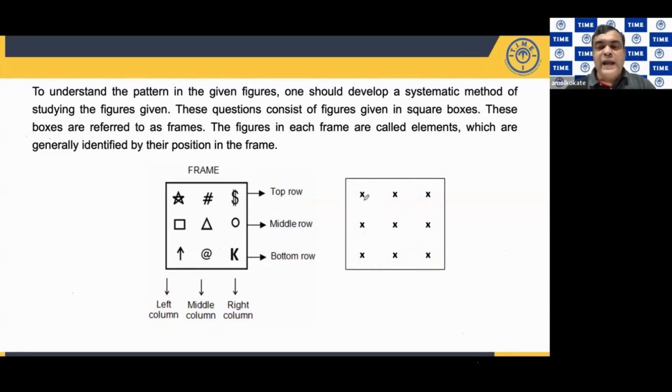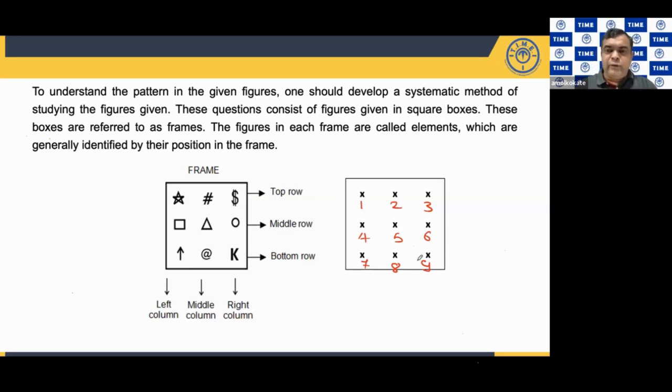So if I number them, 1, 2, 3, 4, 5, 6, 7, 8, 9. Again, this numbering is for our communication, or to understand the solution given of any particular question. You should be able to understand the solution. That's why the numbering is given.